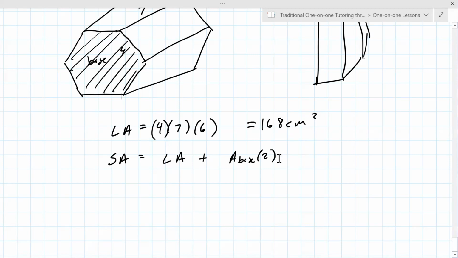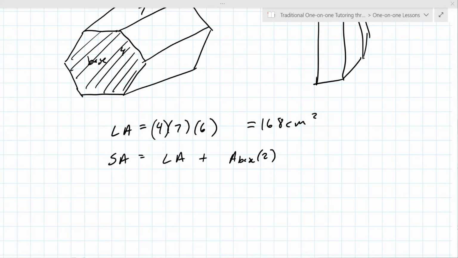So what do you do with that number? Multiply it by 2, because there's 2 of them, the bottom and the top. I get 251.2 centimeters squared. All right, very good.